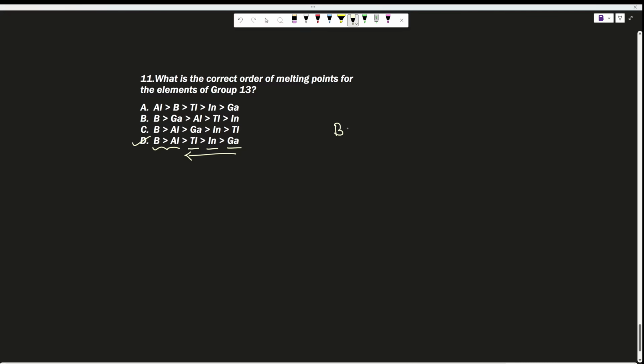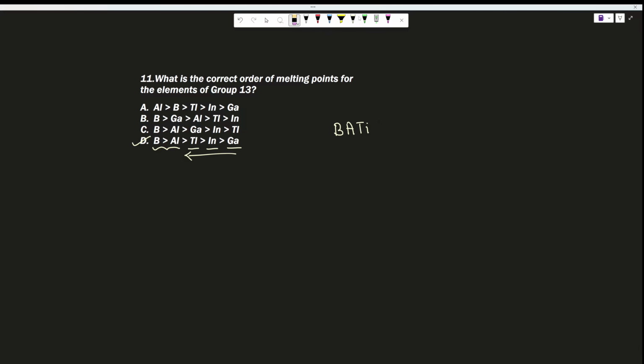Or one shortcut is you can just remember it as indium, thallium.